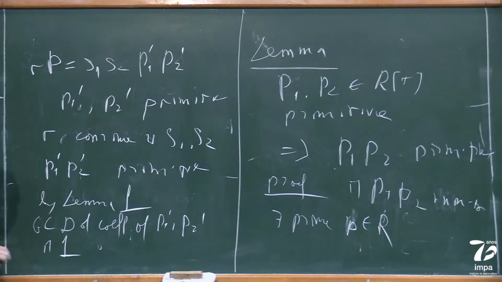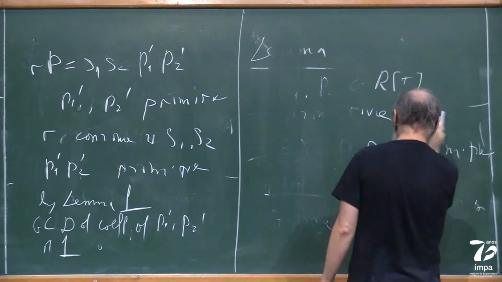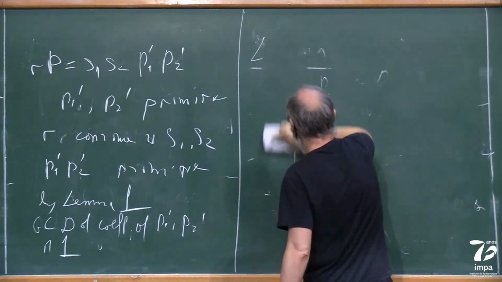But S1 S2 is coprime with R. This is a contradiction.